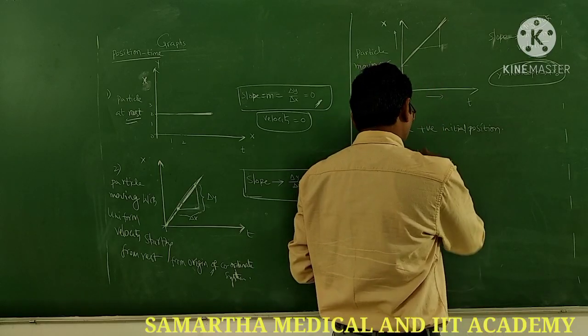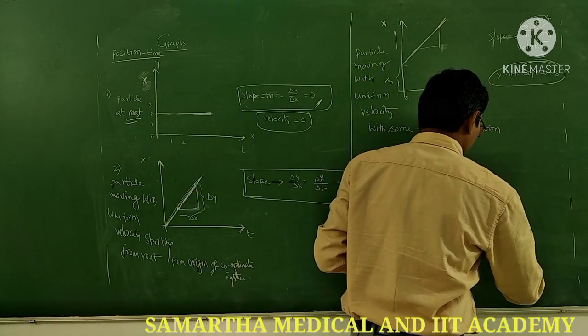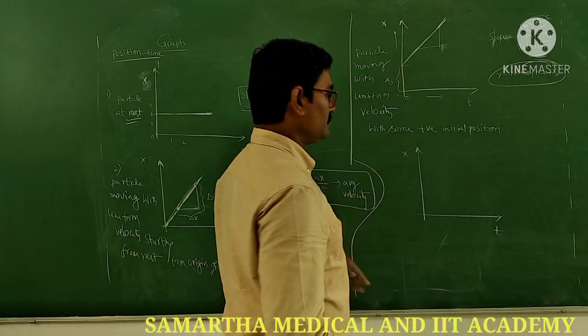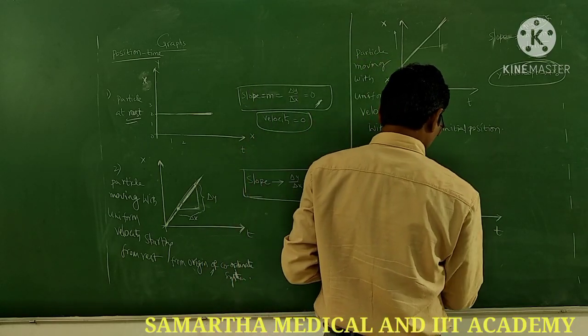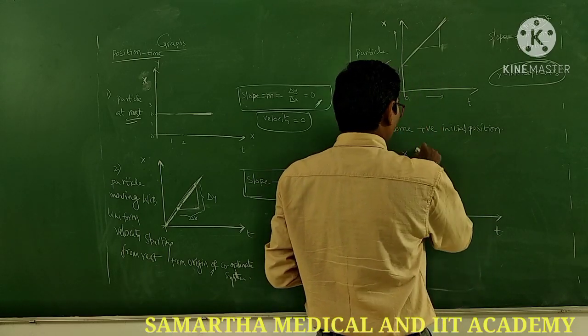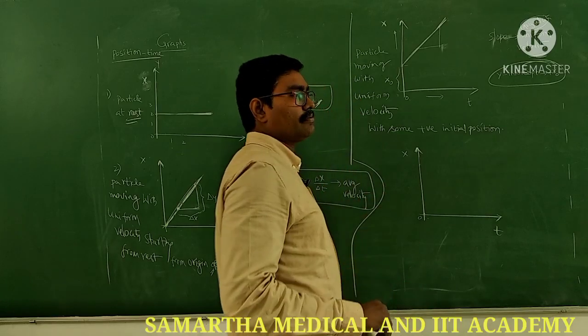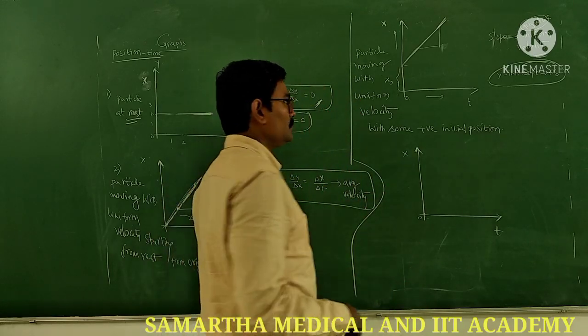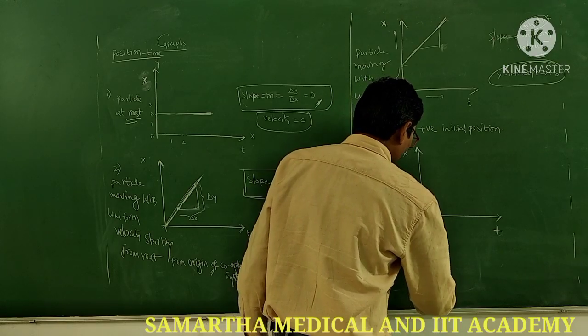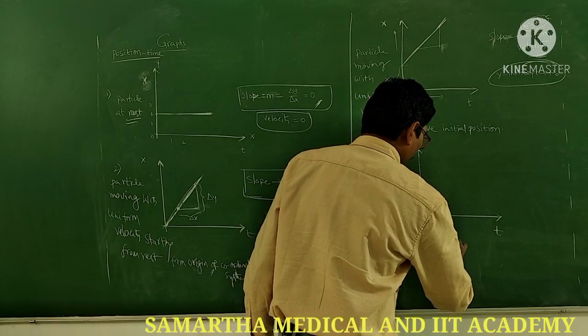If you take a particle which is going along a straight line, position-time. Okay. So how will you decide this? S equal to ut plus half a t square. Okay. So S equal to ut plus half a t square, the general formula, equations of motion.